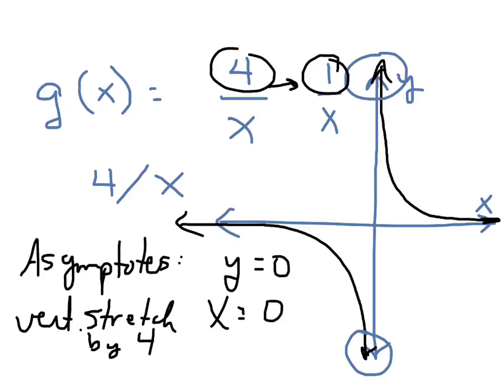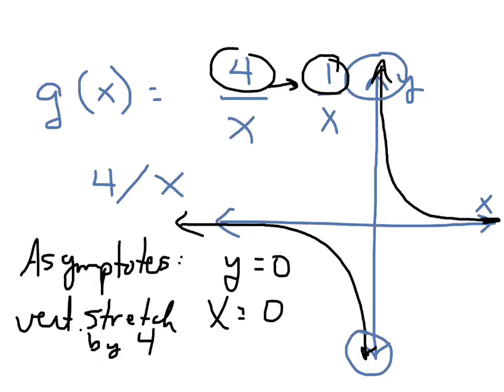Because it went from a 1 to a 4. How did I know it was vertical and not horizontal? Because it's on the top. Okay? If it's on the top, that's being multiplied on the outside. If the number is different on the top, that's vertical.